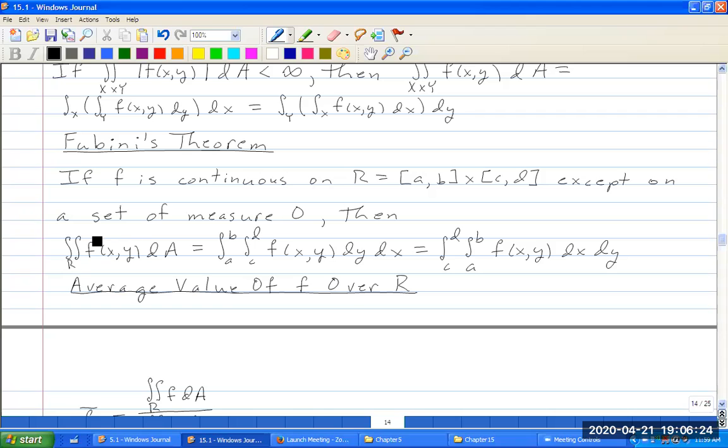integral over R of f of x, y equals the integral from c to d of f of x, y, first integrating with respect to y, then with respect to x, which equals the integral of f from a to b, integrating with respect to x, and then integrating with respect to y from c to d. So you can do it in either order.